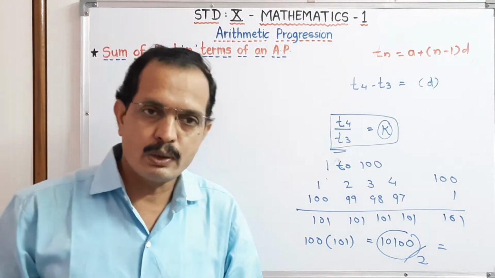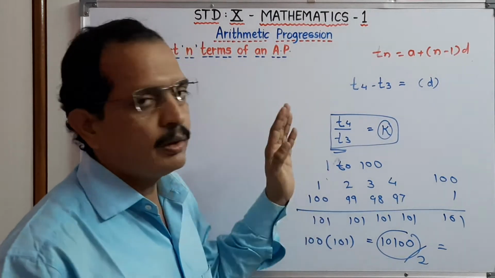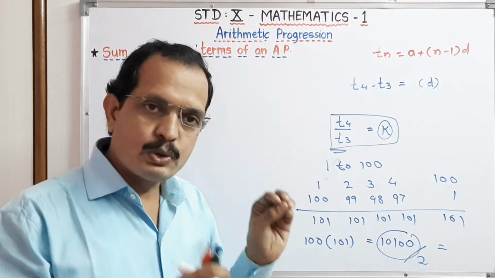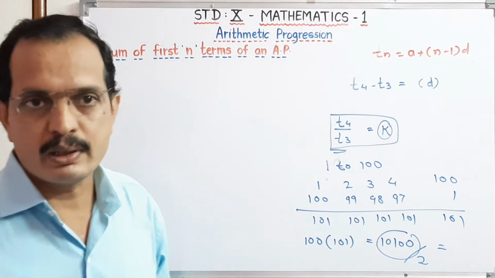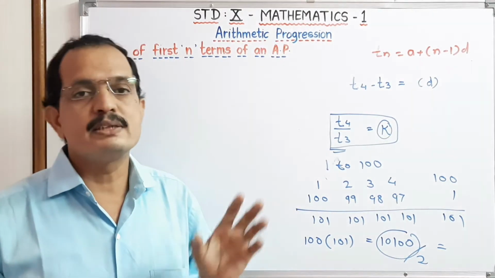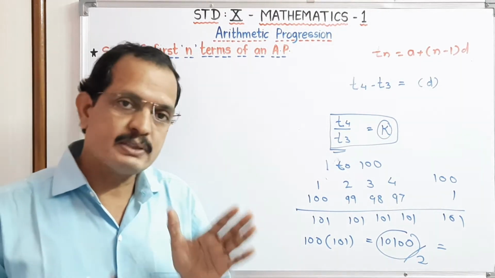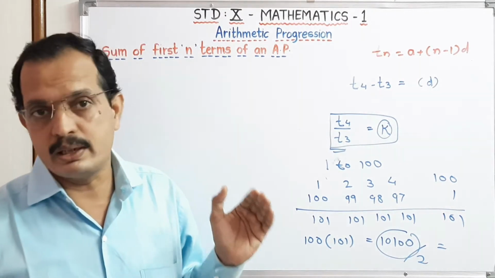A simple formula we have to derive. Dear students, only memorizing the formula and substituting the values is not the correct way to study mathematics. You must understand how the formula is derived. If you know the basic concept, then you can solve any sum related to that.